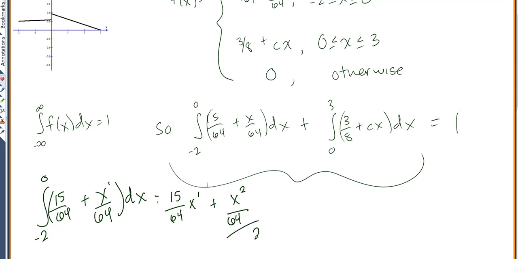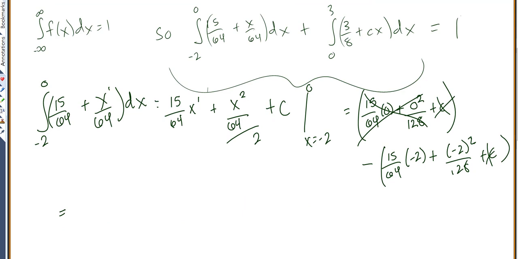So we'll do all of that divided by 2. Okay, then you do plus C evaluated from x equals negative 2 to 0. So you plug in your top limit first, so you'll have 15 over 64 times 0 plus 0 squared over, now 64, if you have something over 64 divided by 2, that's going to be the same. 7 out of 16. So that's what I get just for the first piece.